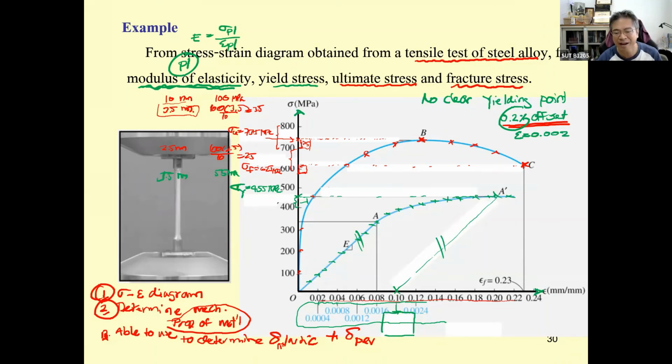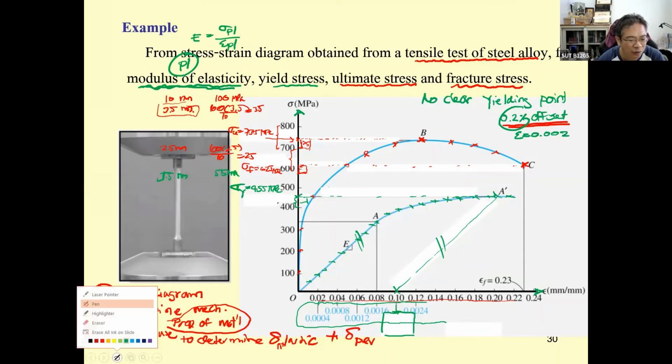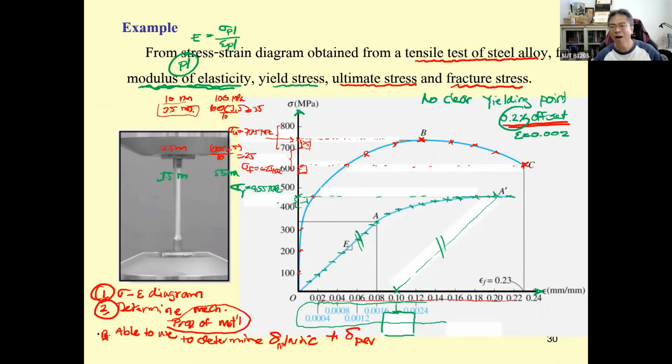divided by strain sub PL. By doing this, you put your ruler along the line there and draw the line like this, and then you mark this one as the proportional limit point and measure this. And you measure down here. Is that 0.08, or is it 0.016?